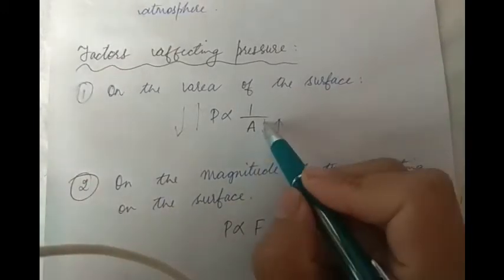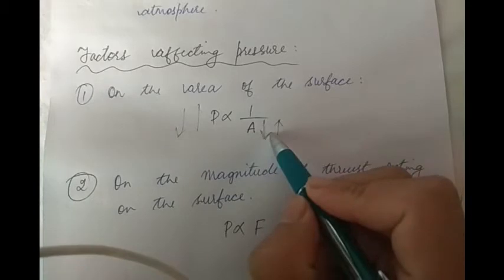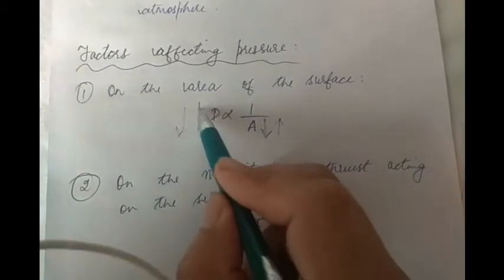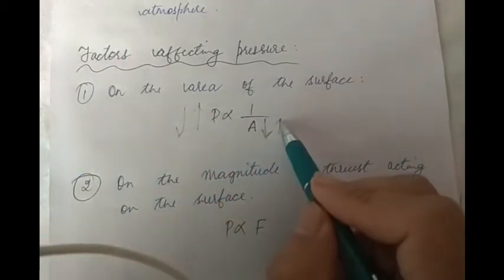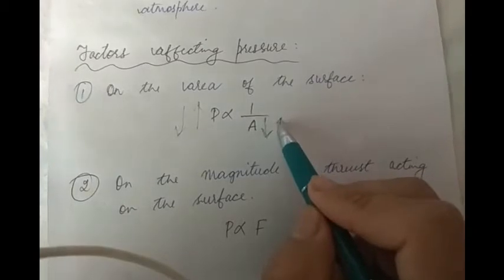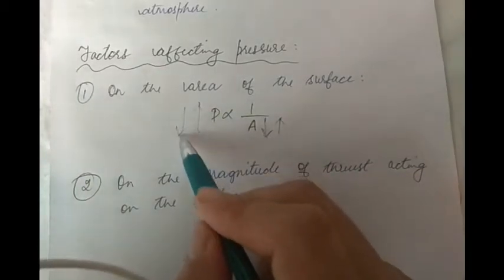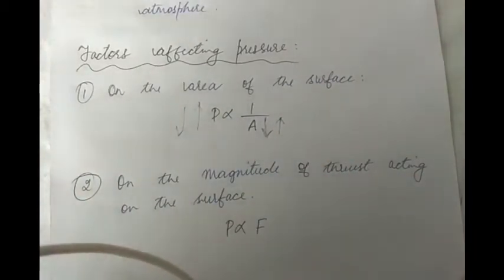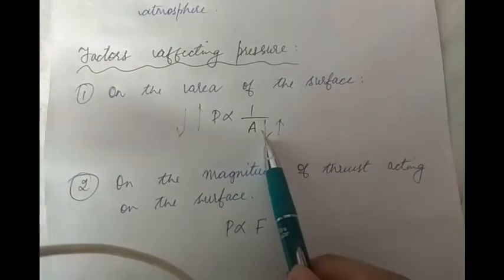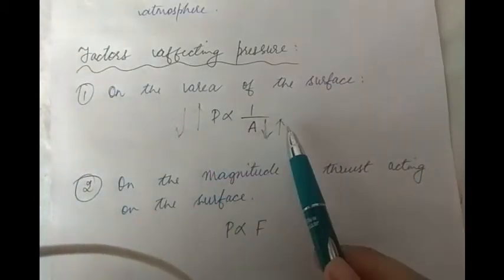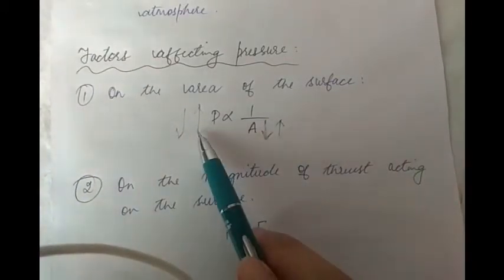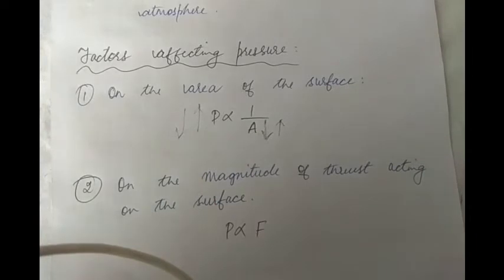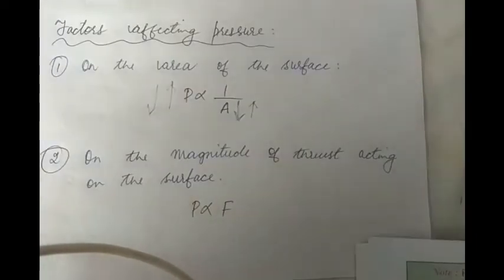It means that whenever area decreases, the pressure increases, and whenever area increases, the pressure decreases, remember. You just understand inversely proportional this way for now. So this is how pressure is dependent on area.